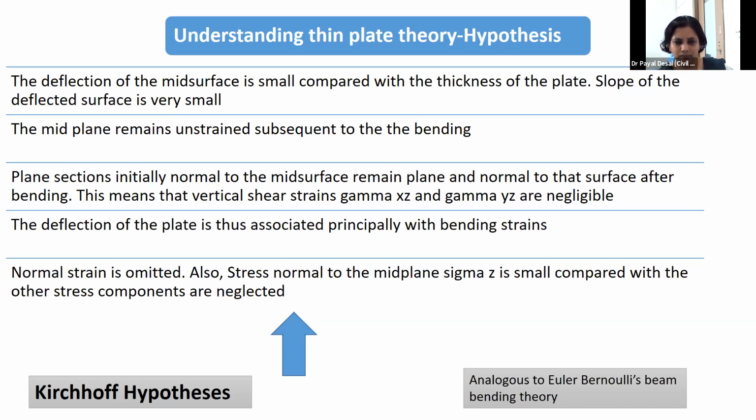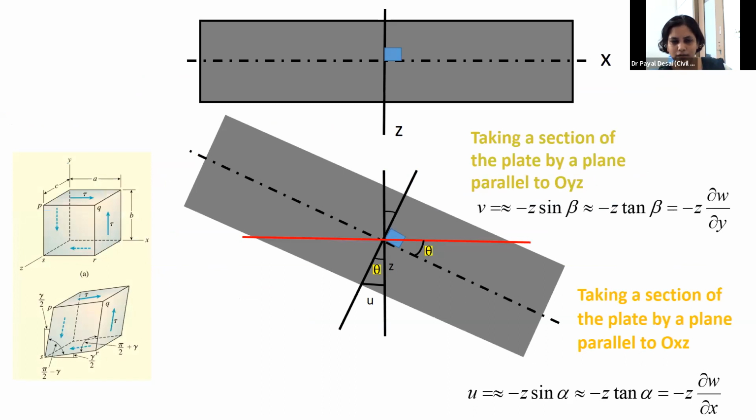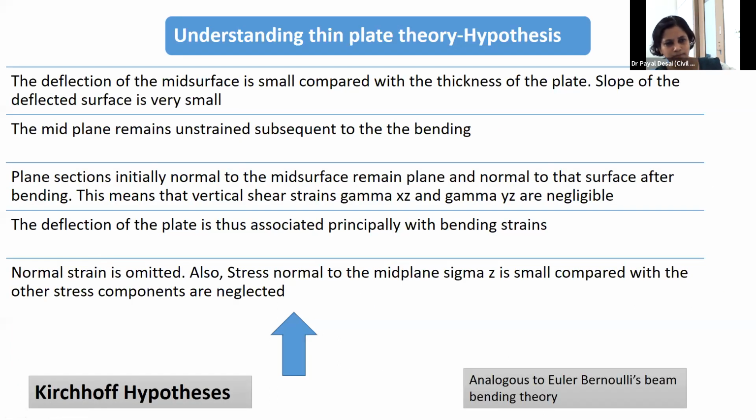The geometrical significance of this I will cover in the next slide. So here you can see the meaning of that assumption. Third assumption: plane sections initially normal to the mid surface remain plane and normal to the surface after bending.